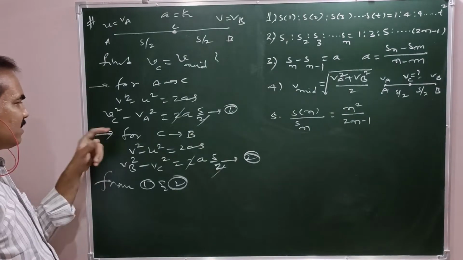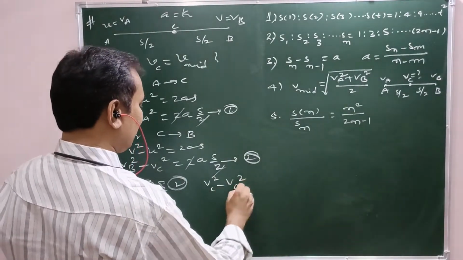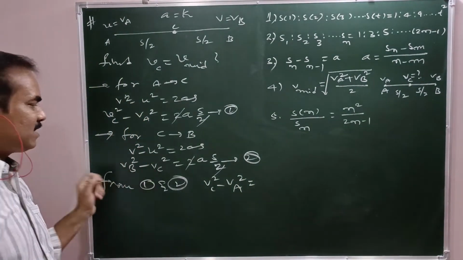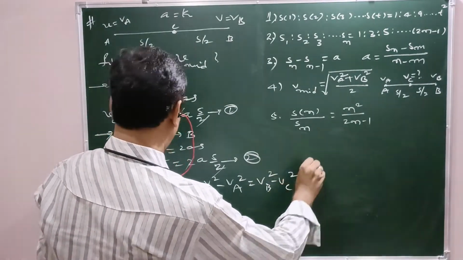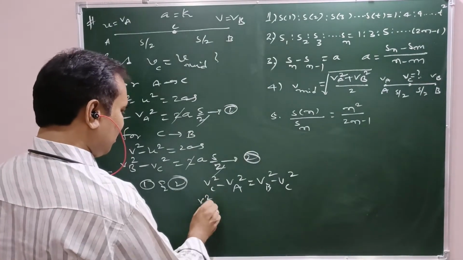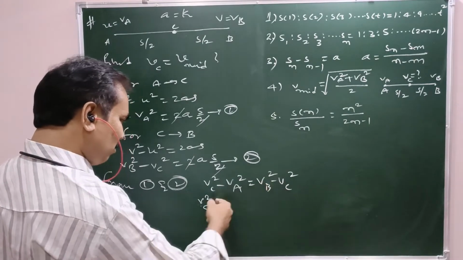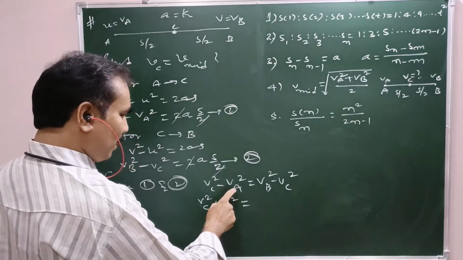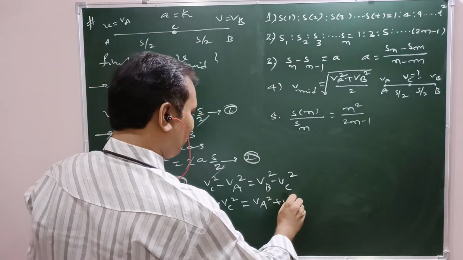Here the LHS is VC square minus VA square, equal to VB square minus VC square. Carrying minus VC square to the LHS, it becomes plus VC square, and taking minus VA square to the RHS, it becomes VA square plus VB square.